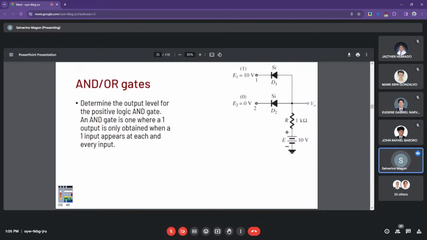You don't have a sufficient voltage drop, which is around 0.7 volts, right? And so the 10 volts becomes directly seen by the VO right there as 10 volts. So that's how an AND gate is implemented using semiconductor diodes.